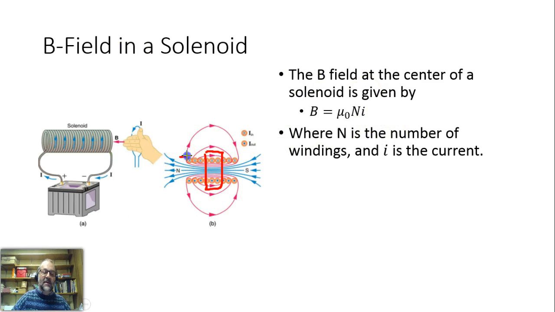If you actually want to make this even better, you can stick an iron end cap on this, and that will make the magnetic field even more uniform throughout the solenoid. When I was on the L3 experiment at CERN, we had a solenoid that most of the experiment sat inside of.